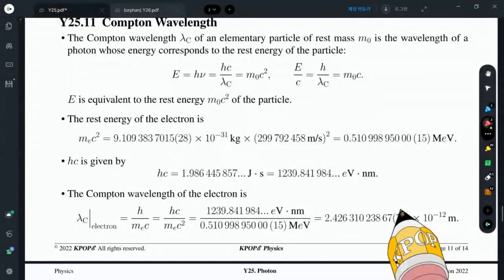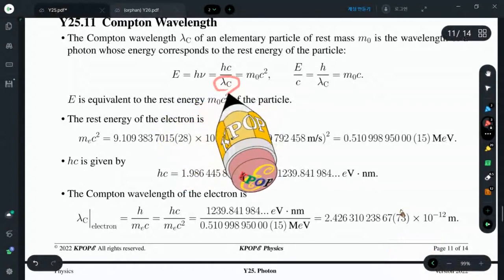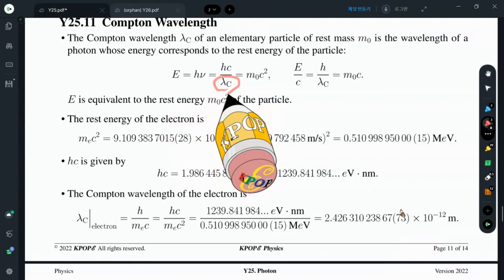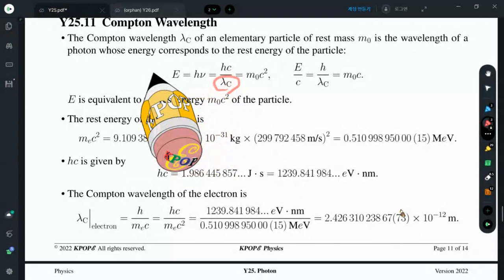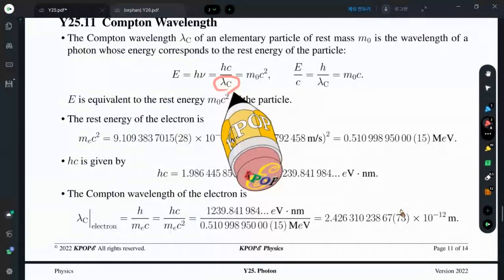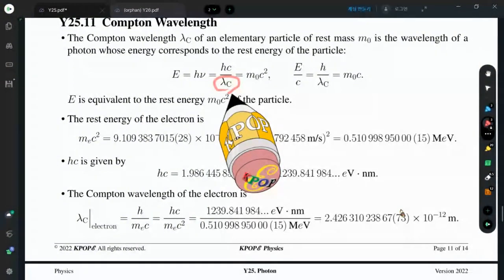For Compton scattering, the Compton wavelength is defined in such a manner. So the energy of a particle can be scaled by this Compton wavelength, and if the wavelength of a particle is of the scale of the Compton wavelength, then it will show relativistic behavior.